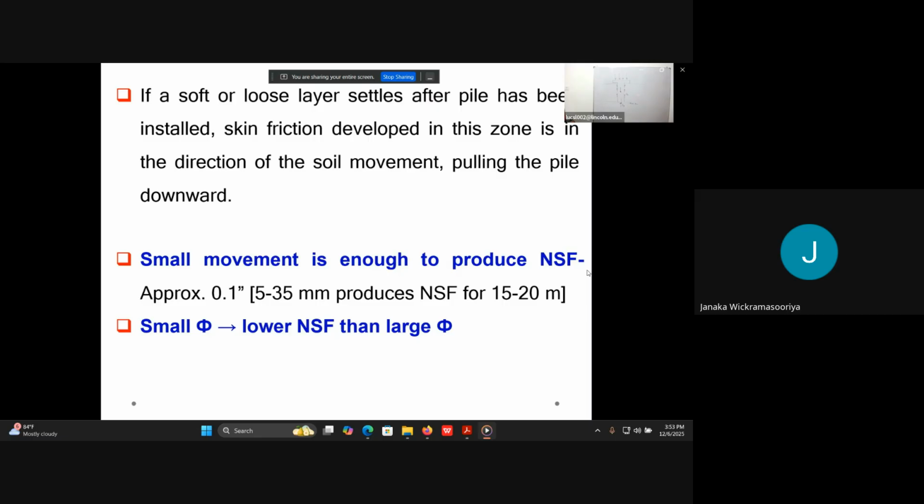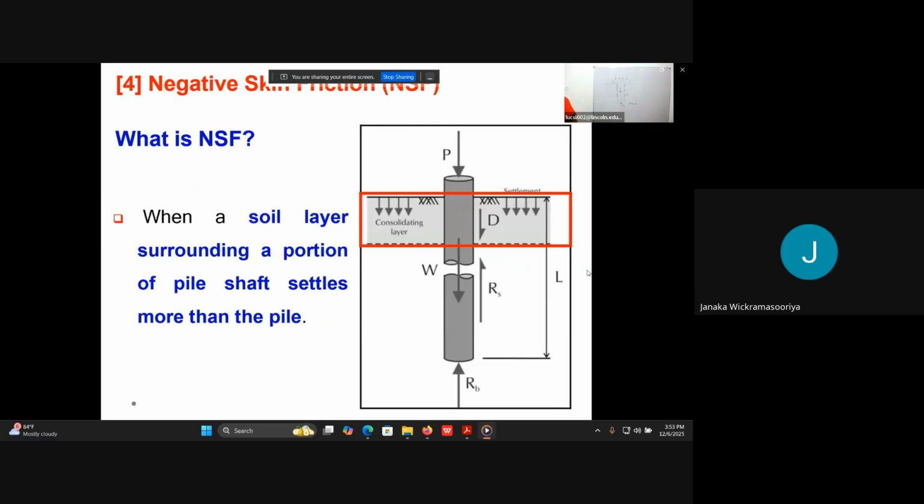Is the direction of soil. If a soil or loose layer settles after the pile has been installed, so in this method, if there is loose sand here, and the soil layer settles down, then when the soil settles down, it drags the pile also down.